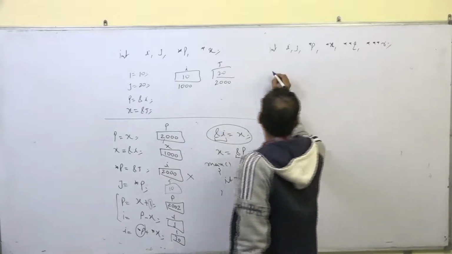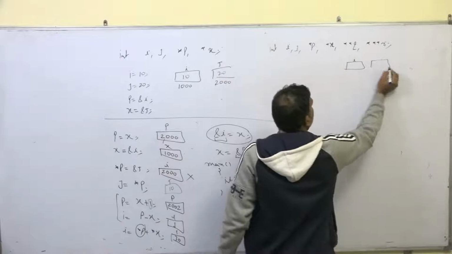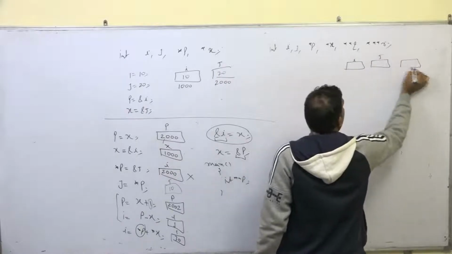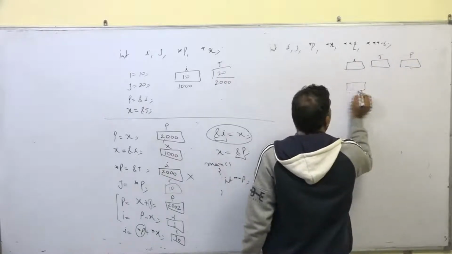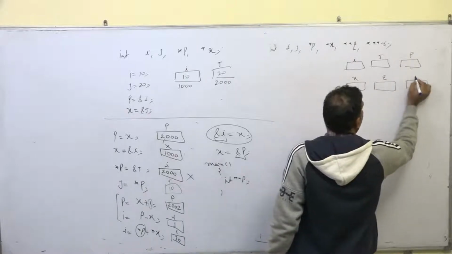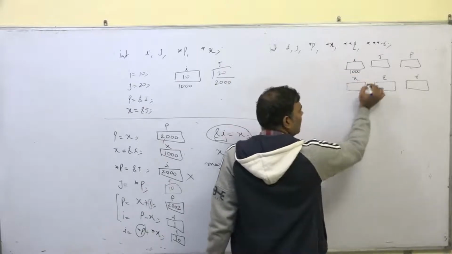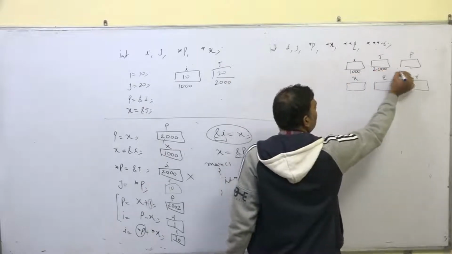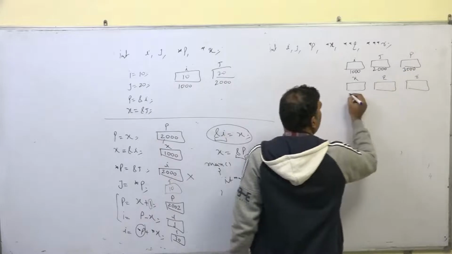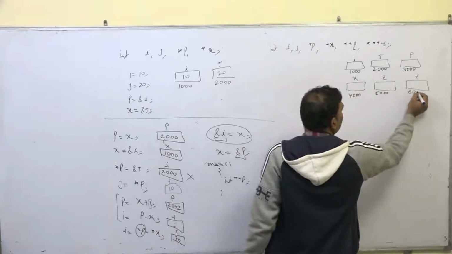So try to write. So it is I, it is j, it is p, it is x, it is q, and it is r. Let address of I is 1000, 2000, 3000, 4000, 5000, and 6000.